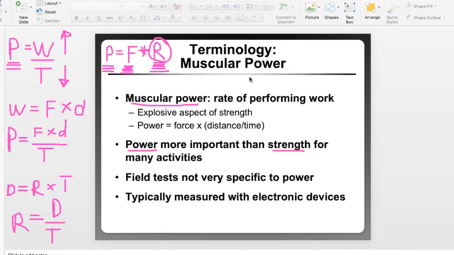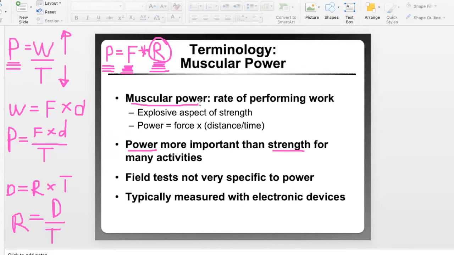And anytime you see power, it always implies this rate or velocity of doing work, or the rate at which ATP can be created, or the rate at which glucose can be broken down. All right, so power is always implying that there's a time aspect of this particular measurement.